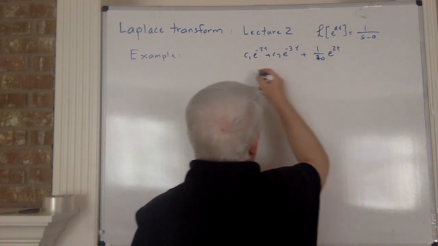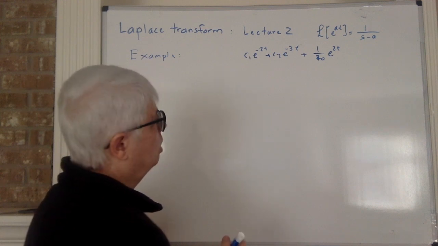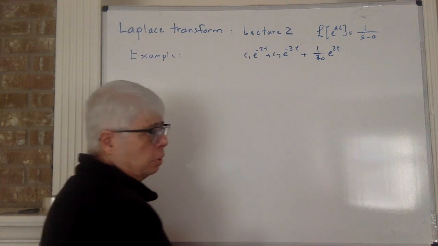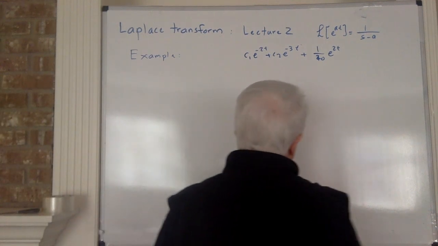But then you have to apply the initial conditions to find c1 and c2, right? And you already have to find this 1 over 20. So that's a lot of work.